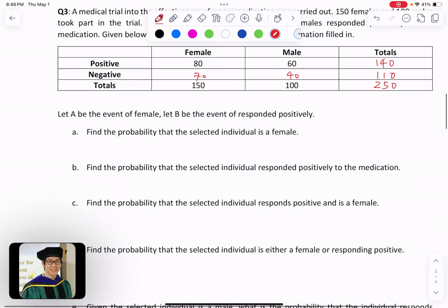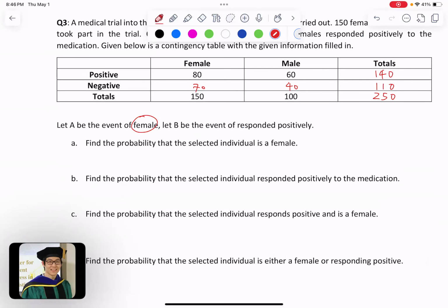Let A be the event of female, B be the event of responding positively. The probability that the selected individual is a female, so that's the probability of A. Females are 150 over 250, which is 0.6.